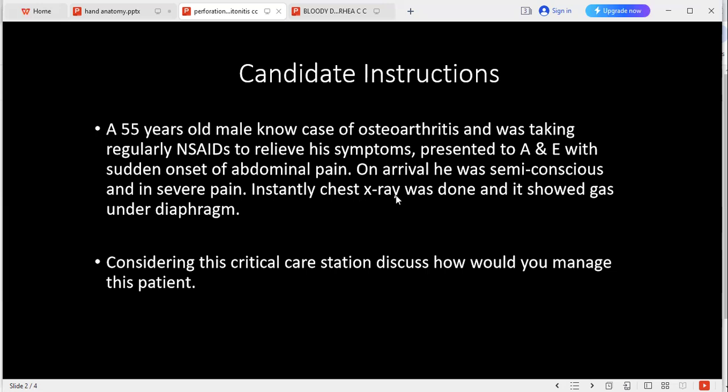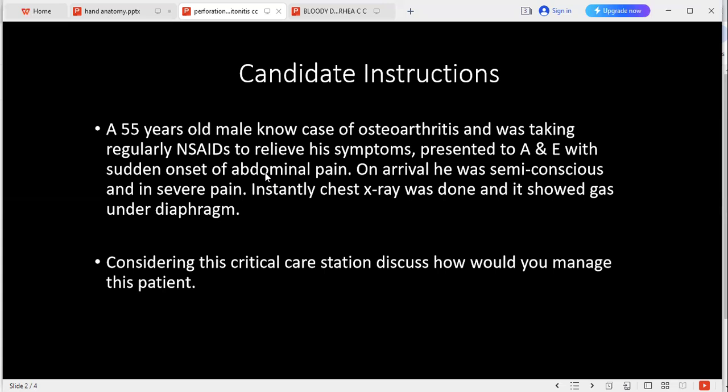Can you tell me the mechanism of action of the non-steroidal anti-inflammatory drugs which this patient was taking in causing peptic ulcer perforation? How does it occur? It blocks the production of prostaglandins, and other possible reasons are the topical effects of the drugs, reduced mucosal blood flow, and it hampers the gastric mucosal repair process.